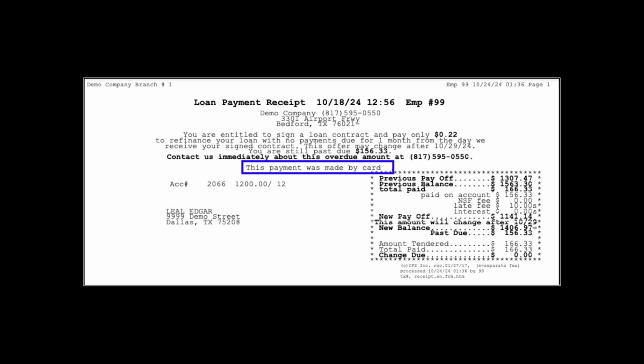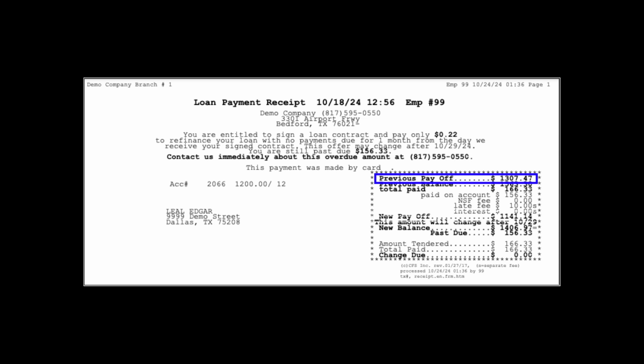This payment was made by card, cash, check, other. Account number. This example is $2,066 and the amount and term of the loan is $1,200 for 12 months. Mailing address of the borrower. Previous payoff.